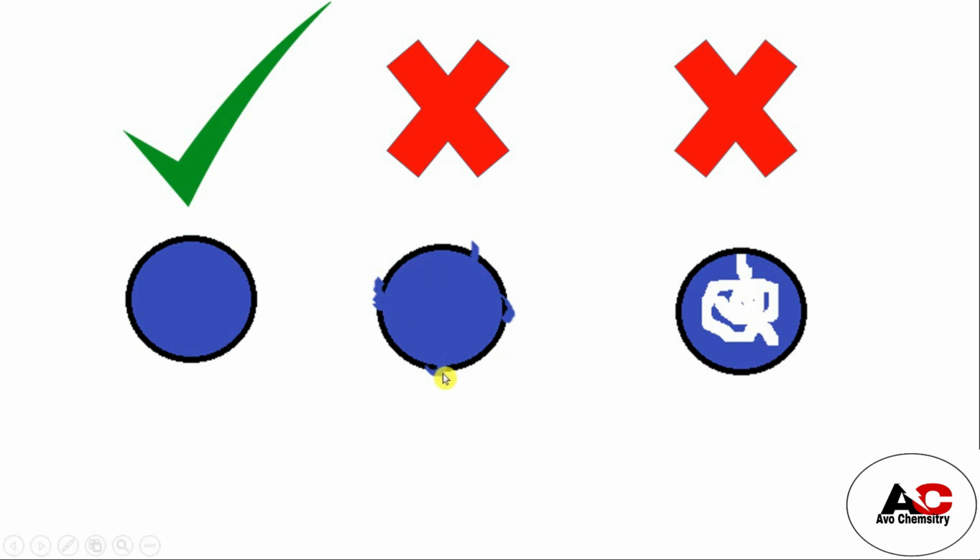Because in this case, you can see your mark goes outside the boundary. So it shows you have filled your bubble more than 100%, so it would be considered as the wrong filling. Similarly, in this case, you can see this is the incomplete filling of the bubble. So it is also considered as the wrong filling or incorrect filling of the bubble.